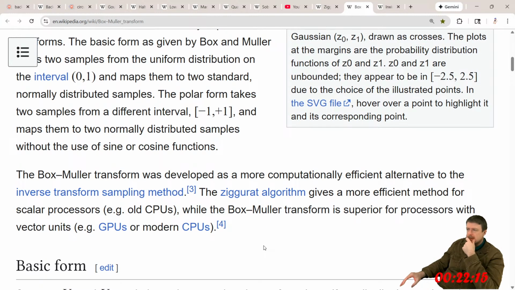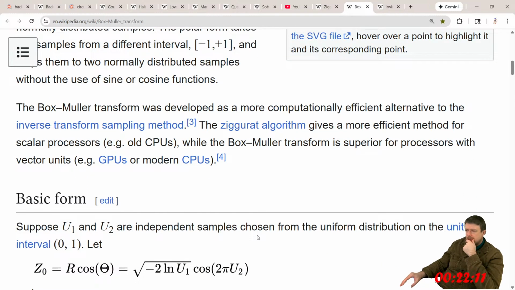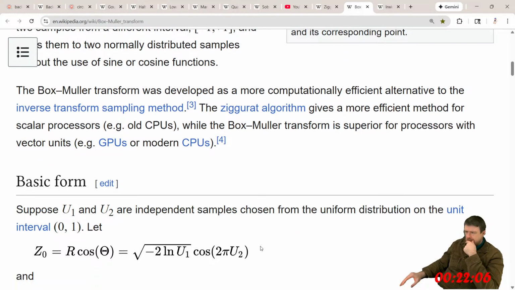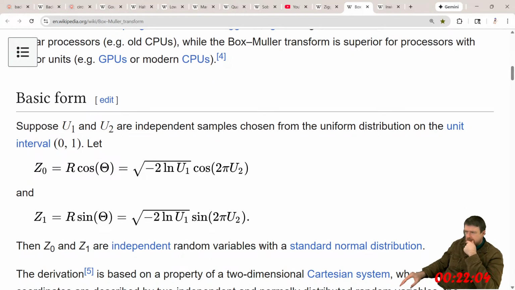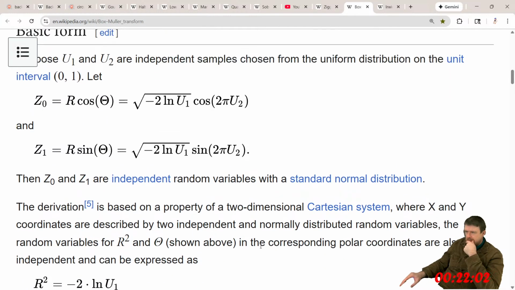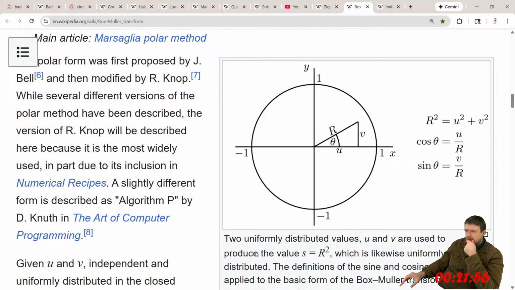Normally distributed samples. Okay. Mapping from a probability distribution to the complex plane?